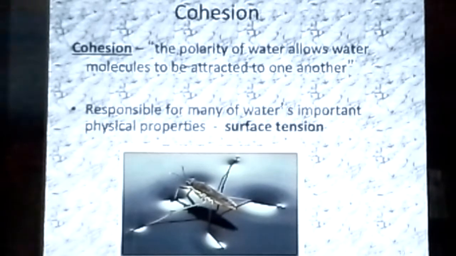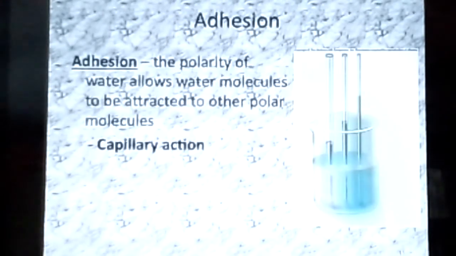Cohesion, that attraction of water to itself, is what makes water fall in raindrops instead of individual water molecules. It's why water beads up and rolls off a freshly waxed car. It's what makes water flow rather than plop into a cup like bad milk. Adhesion is, in a sense, cohesion, except involving something other than water.